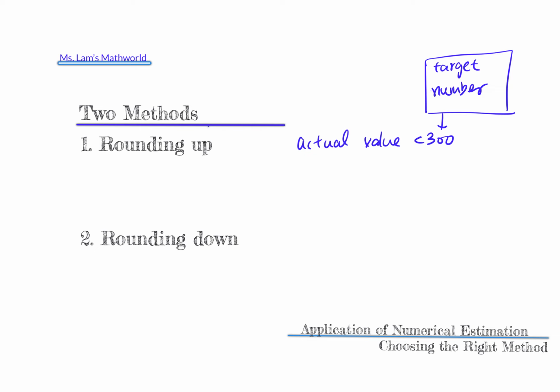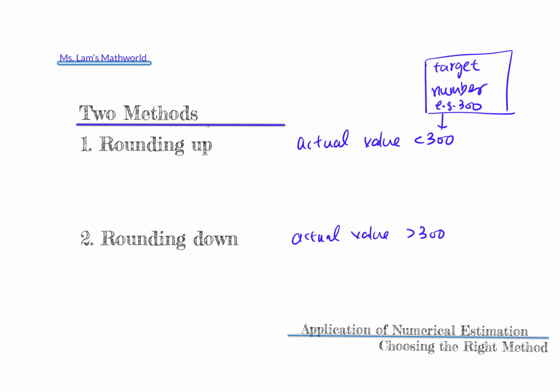Alright, so 300 is only an example. If it is rounding down, then the actual value is greater than 300. So we will use it in this case.